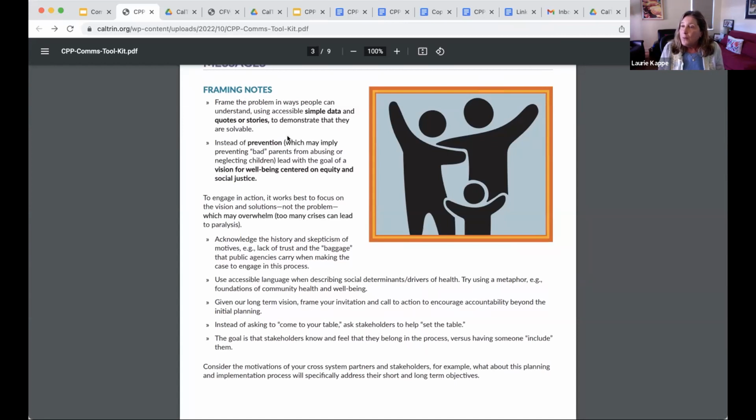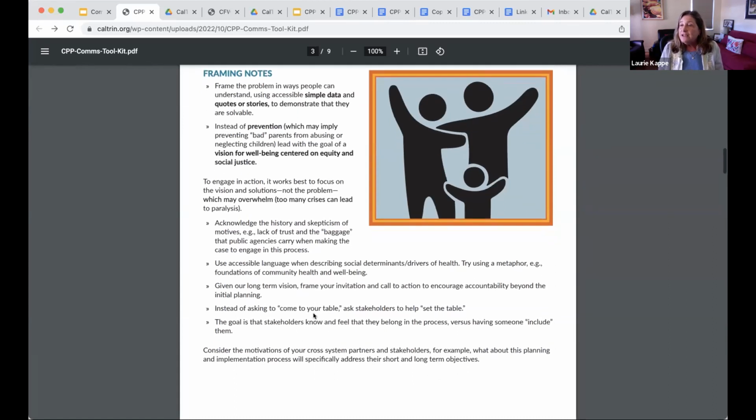So to counter or to help lift, or I don't know what the metaphor is now, to put that baggage into baggage claim, you want to make the case for why this is going to be different, and use accessible language and frame your, again, I'm saying this quite a bit, and if there's one little tip I want you to take out of this, it is think about asking them to come, instead of saying come to our table, come to our meeting, help them to set the table.